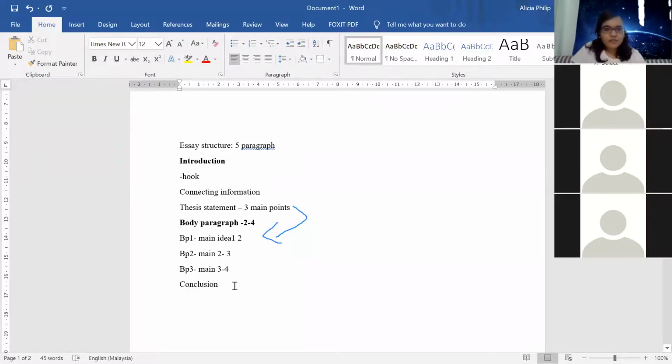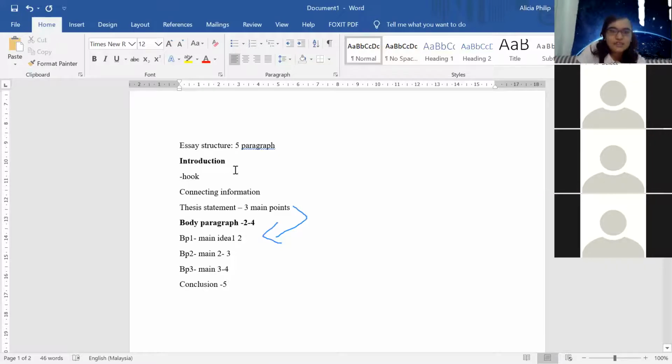And then your conclusion would be your paragraph 5. So that's your 5 paragraphs. If you have 6 paragraphs, which means you would have 4 main points, you will only extend your body paragraphs. Your body paragraph is the main essence of your essay.